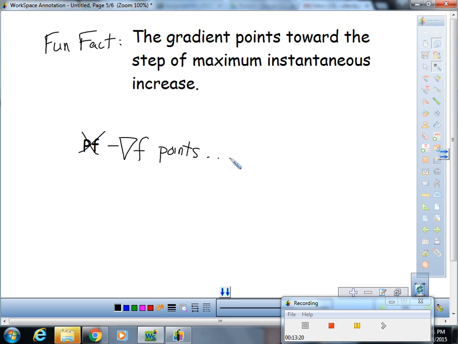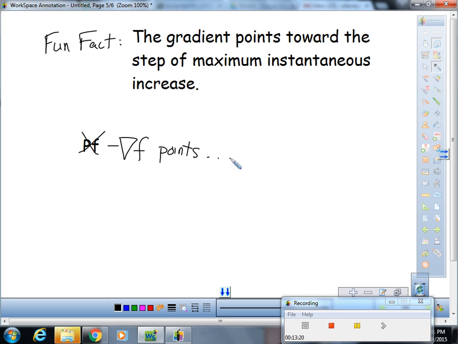Think about it. It's instantaneous. What did you say? Minimum, okay. That's how the book puts it. I like Sabrina's way better, because the minimum increase is the maximum decrease according to the book, but I think there's some semantics involved there that's kind of weird.